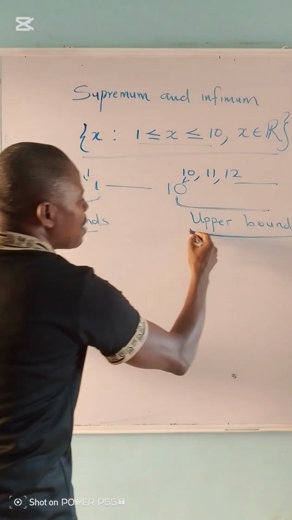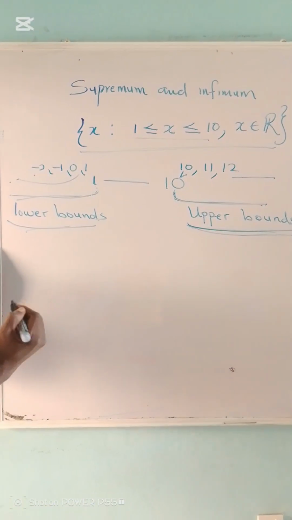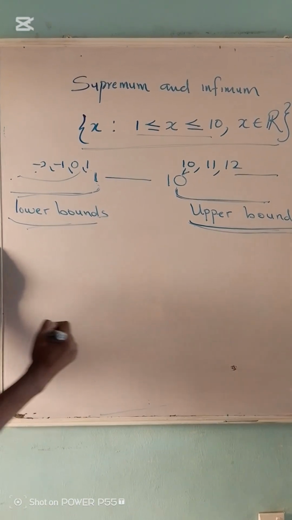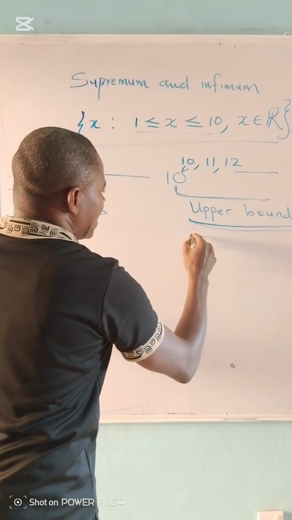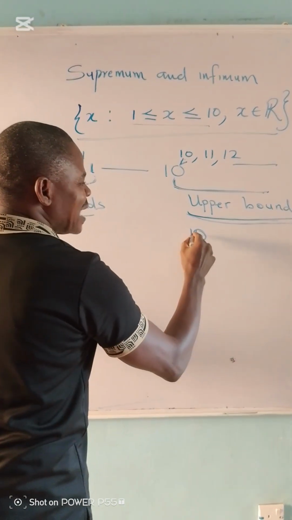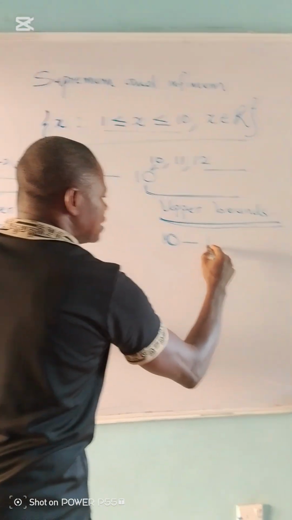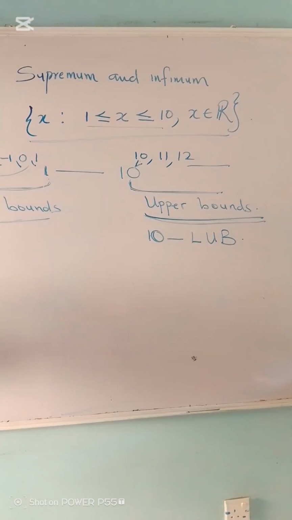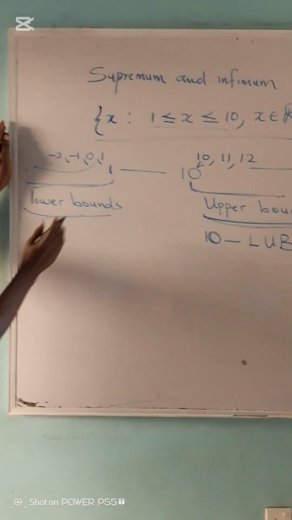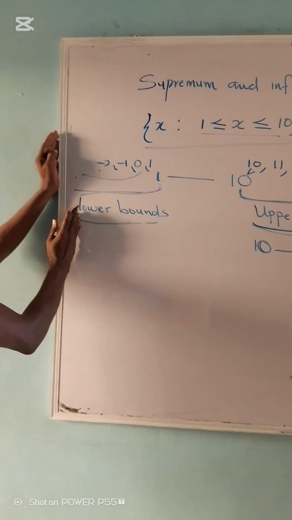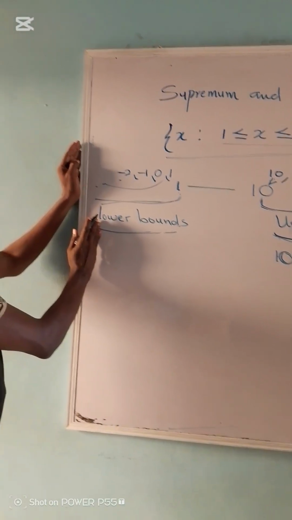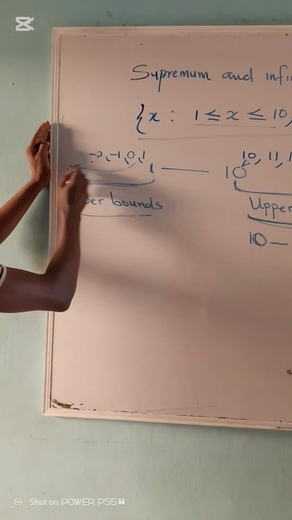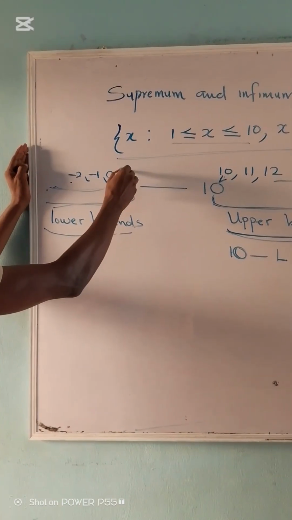Then among the upper bounds, we have the smallest one among them. And the smallest one here is 10. So that 10 is what we call the least upper bound. While among the lower bounds, we have the biggest one among them. You know, these are the upper bounds, but this one is the biggest among the lower bounds.